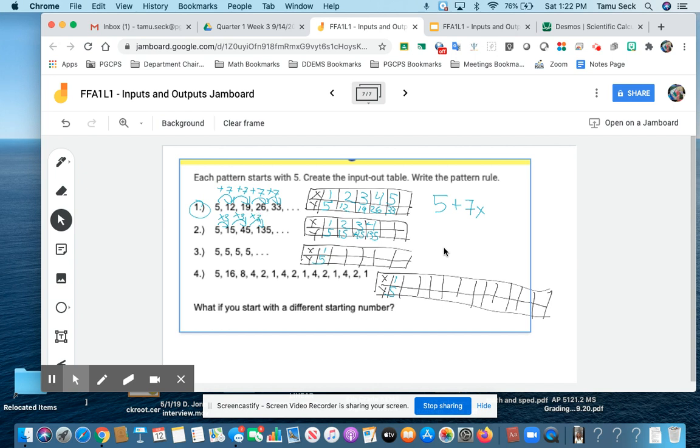So the pattern is multiplying by 3 each time. That's not right. 1 times. We start with 5.